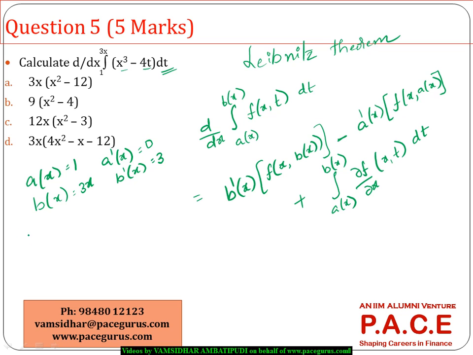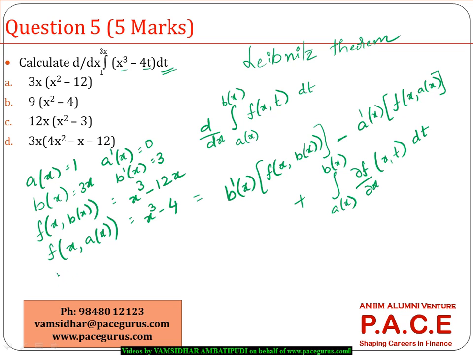So f of x comma b of x: instead of t, if I substitute b of x, it becomes x cube minus 4 into 3x, which is 12x. So x cube minus 12x is f of x comma b of x. F of x comma a of x is nothing but x cube minus 4, because in place of t I am substituting 1.